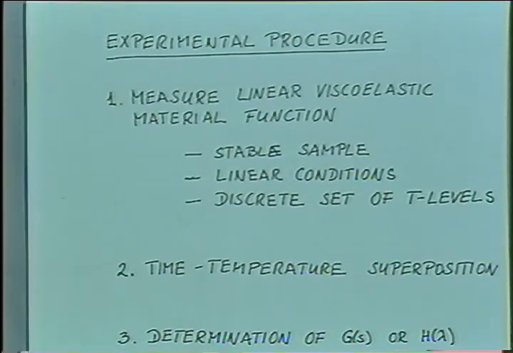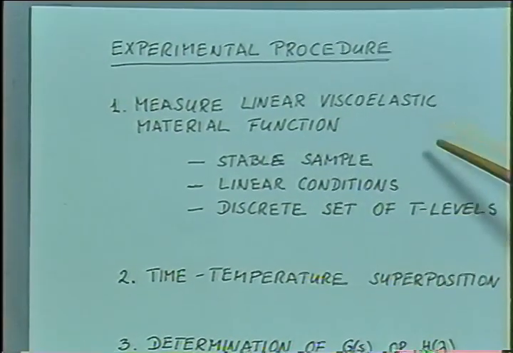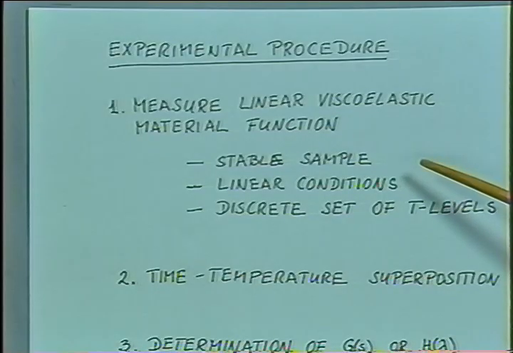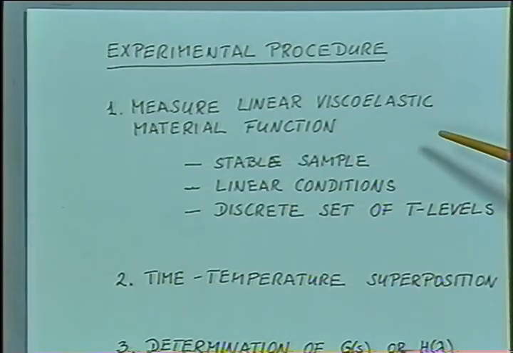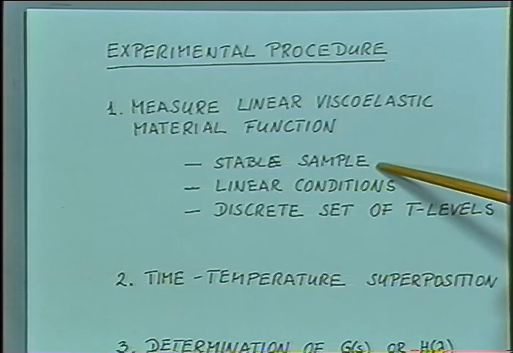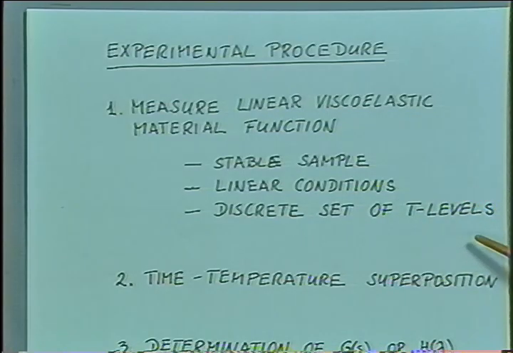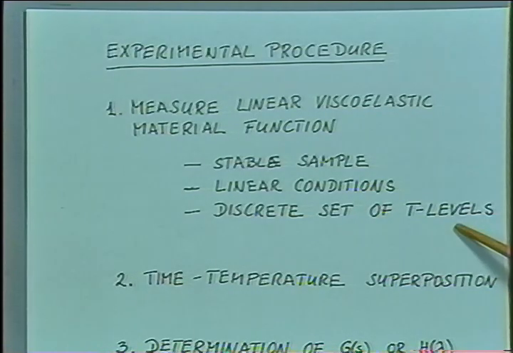We perform any linear viscoelastic experiment. Of course, we will pick the nicest one, the easiest one to do, the most informative one. To make the data accessible, we would pick a stable sample, which wouldn't change during our experiment. We would look for linear conditions, small strain behavior, and we would perform those experiments at a discrete set of temperature levels, because then we can apply the time-temperature superposition principle and extend our experimental window.